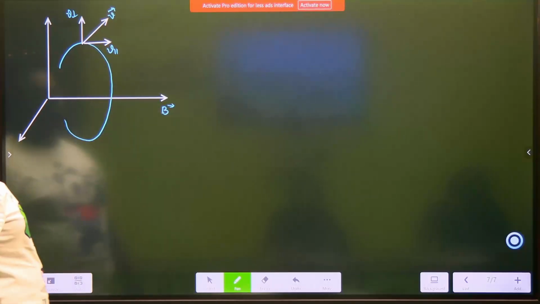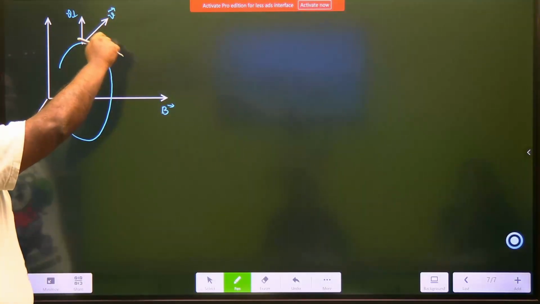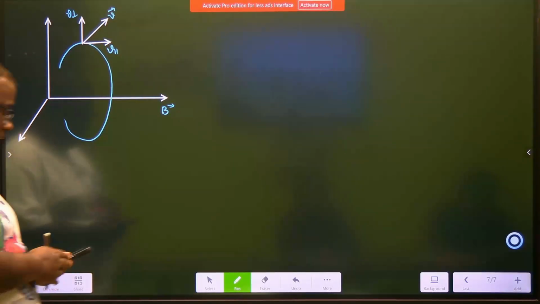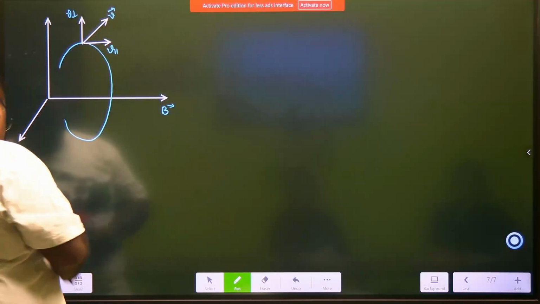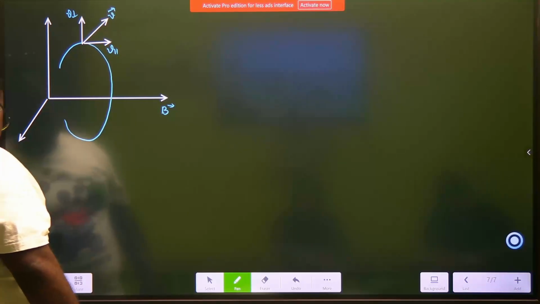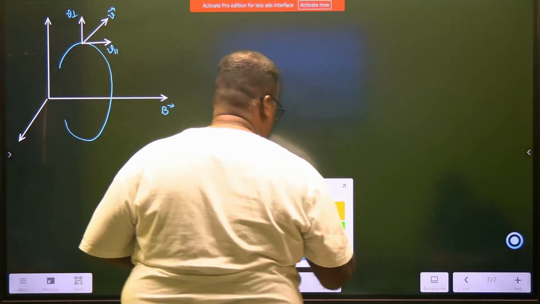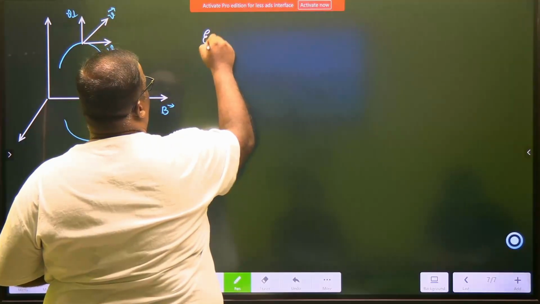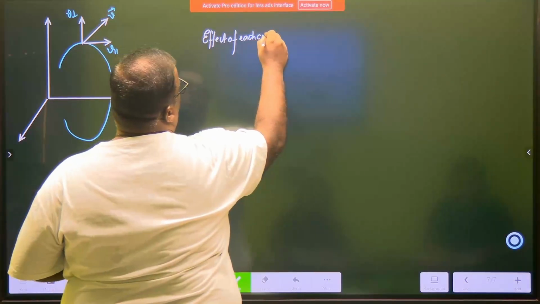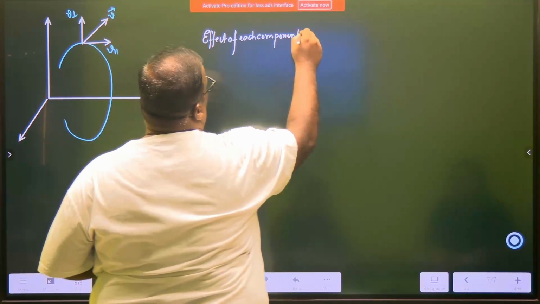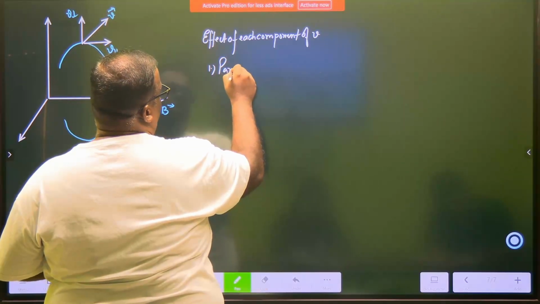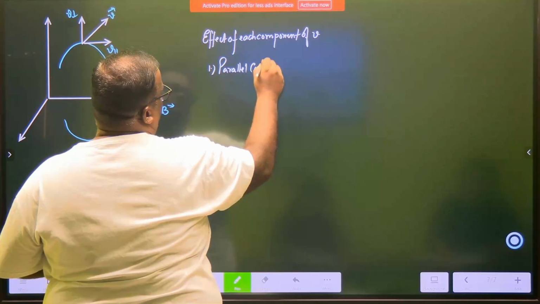Now we are going to see the impact of V if V is parallel with this particular B. So let's see the effect of each component of V. Number one we are seeing is the parallel component.